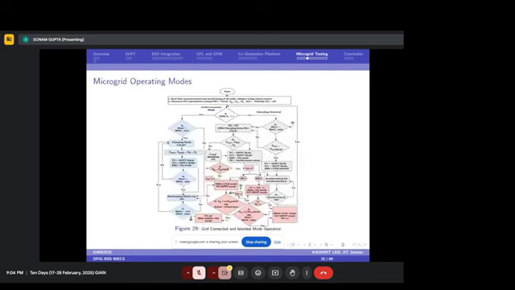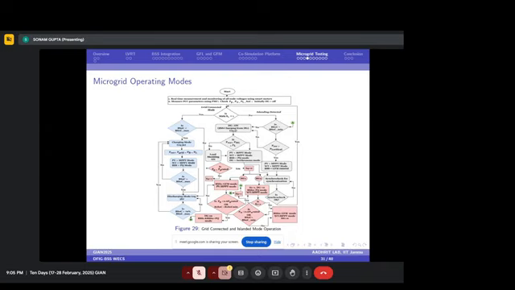So this one is the microgrid operating modes. It basically represents that localized autonomous controller, and this controller takes every initial condition of the breakers, and the present condition of the battery storage system, loads, as well as the generation.